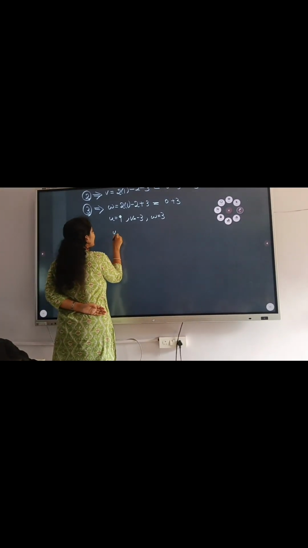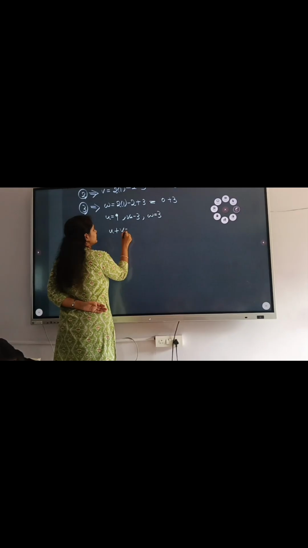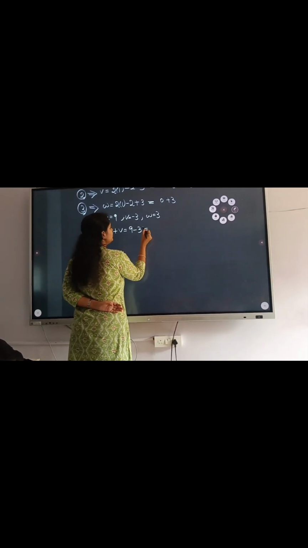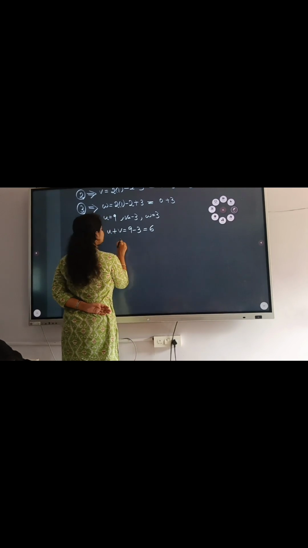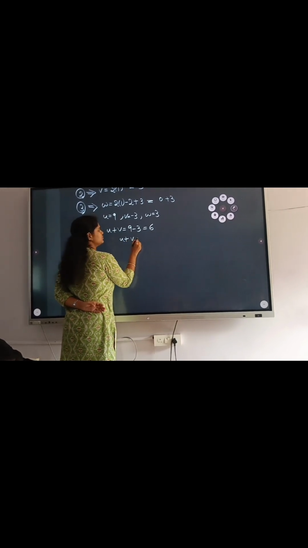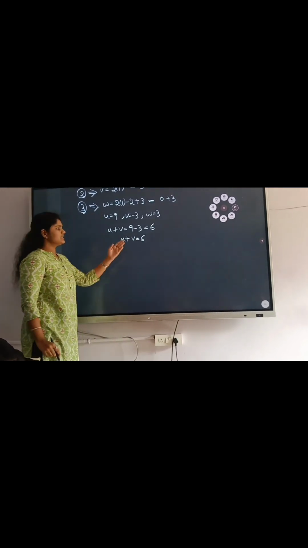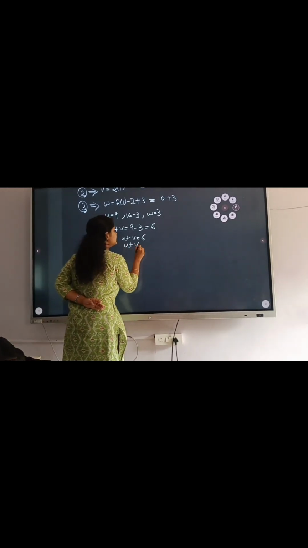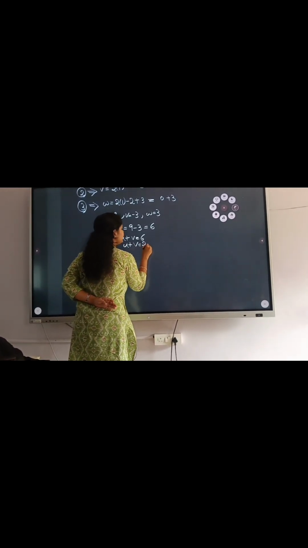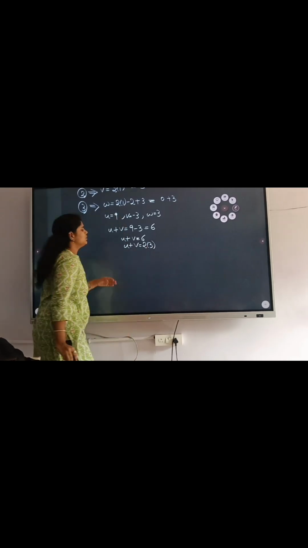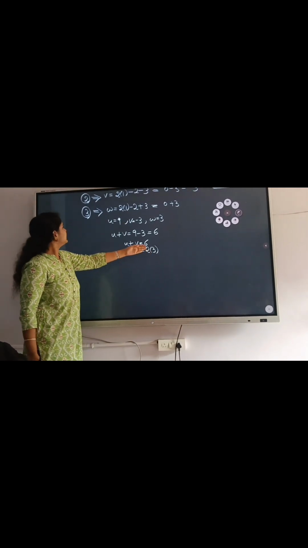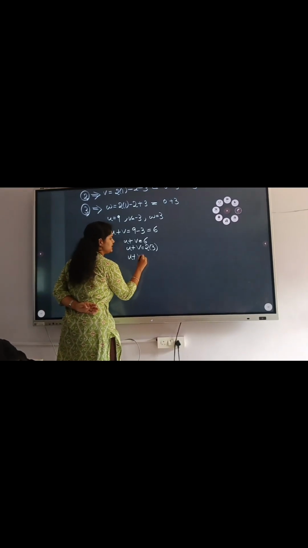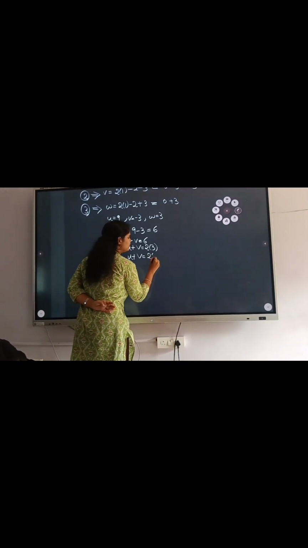Now I am doing u plus v. 9 minus 3 is equal to 6. We can write 6 as 2 into 3, and 3 means w. So u plus v equals 2 into w.